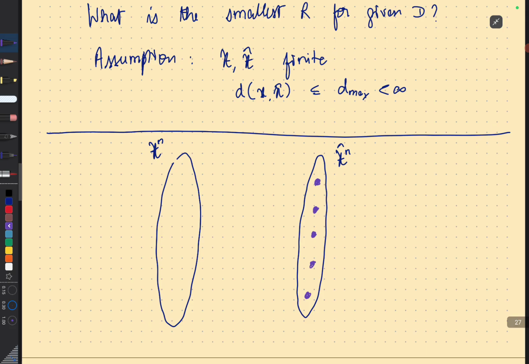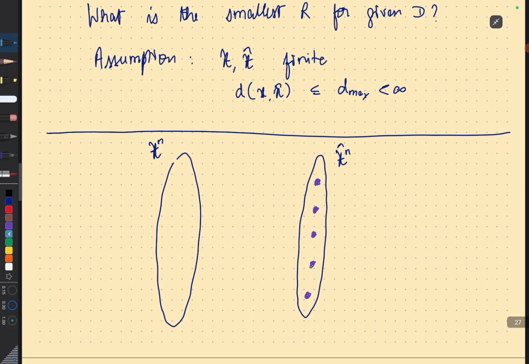And if you think about it, intuitively, you should be designing this map so that, loosely speaking, you map each x^n to the closest point in X^n hat.